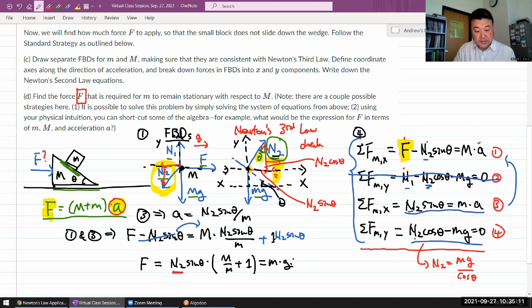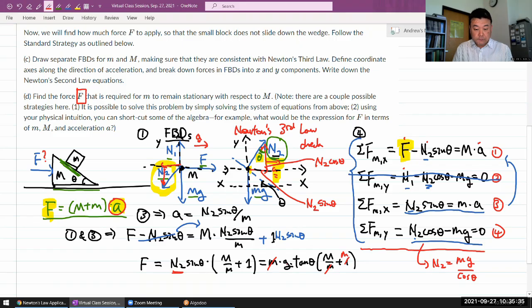So let me write that as tangent theta, and times big M over small m plus 1. And if you really want to simplify, you can simplify it a little bit. If I distribute the small m in, then this cancels out, and this becomes small m. So the sum of the masses times g tangent theta.